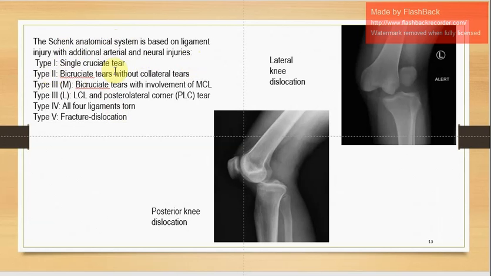Type 1, single cruciate tear; type 2, bicruciate tears without collateral tears; type 3, bicruciate tears with involvement of the medial collateral; type 3, lateral collateral and posterolateral corner; then all four ligaments torn, or sometimes fracture with dislocation. So this is the lateral knee dislocation, and this is the posterior knee dislocation, as you can see.